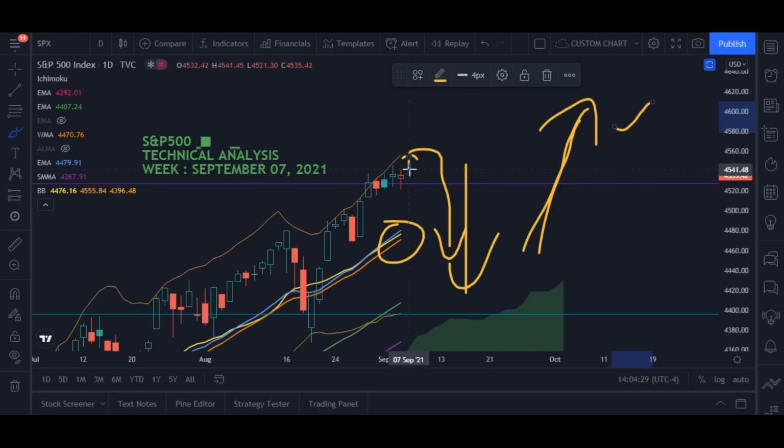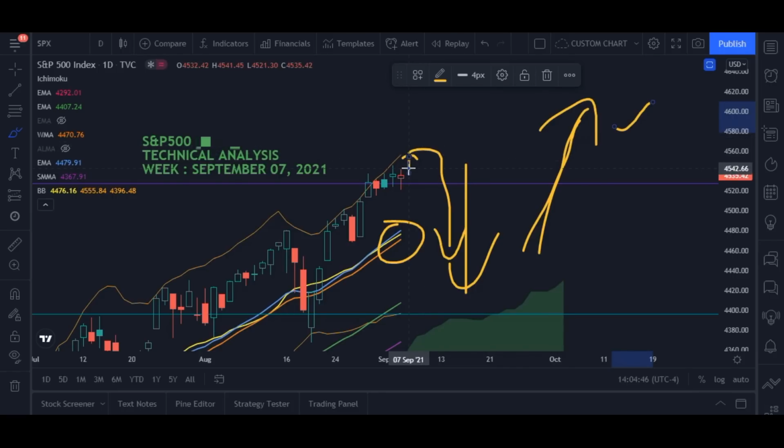So my advice here is that if you want to buy, then yes, you can buy, and you can wait for the market to hit the upper band of the Bollinger Band. Whenever it hits the Bollinger Band, then exit from the market.